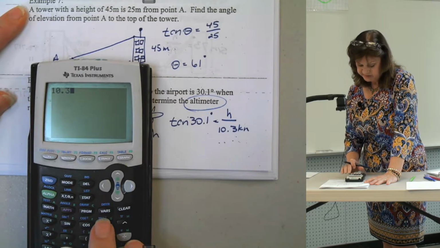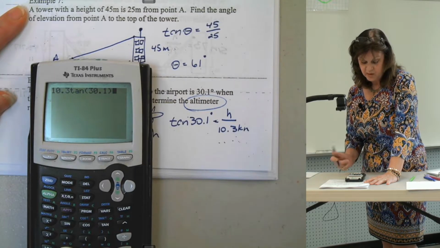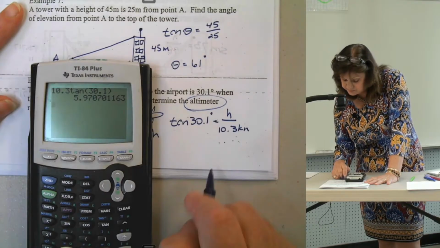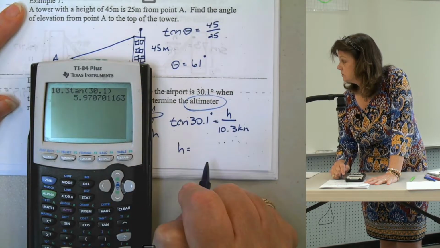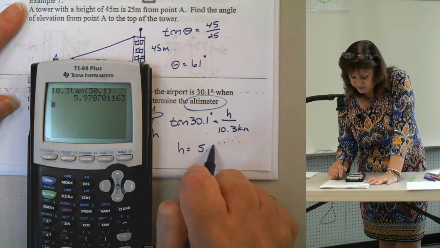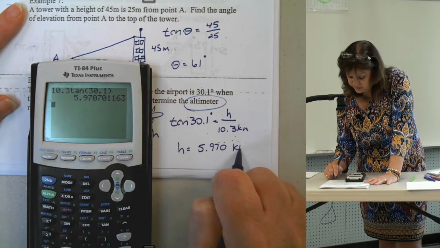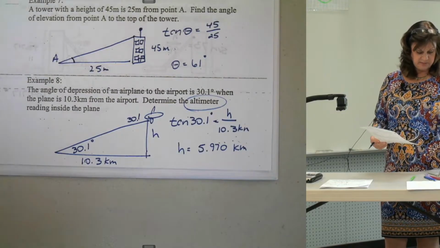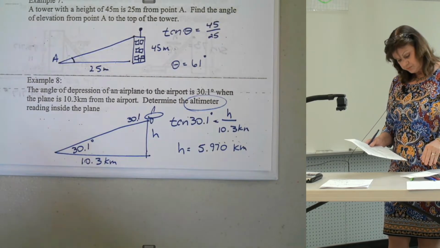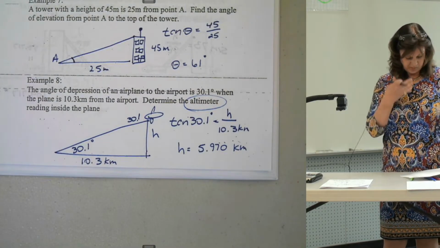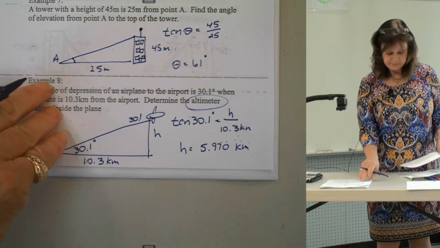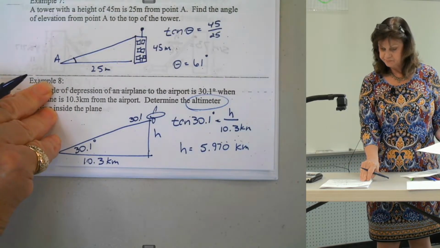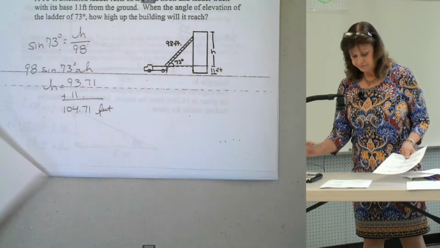So 10.3 times the tangent of 30.1. So the height of the airplane is 5.970 kilometers. If you want to round that up to 971, that is fine with me. It doesn't make any difference. Okay? All right.